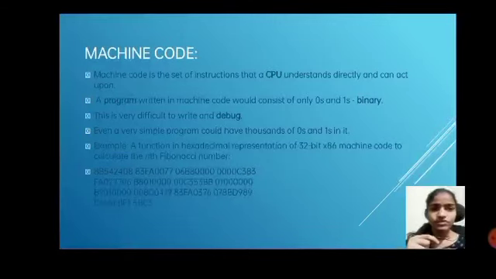This is very difficult to write and debug. Even a very simple program could have thousands of zeros and ones in it.